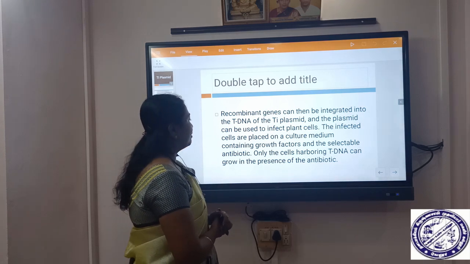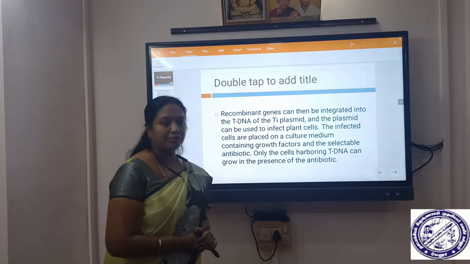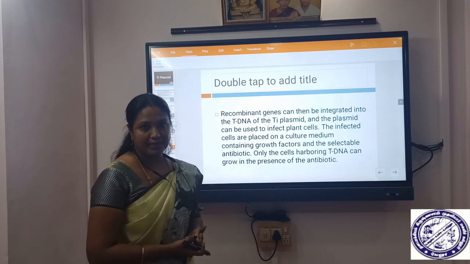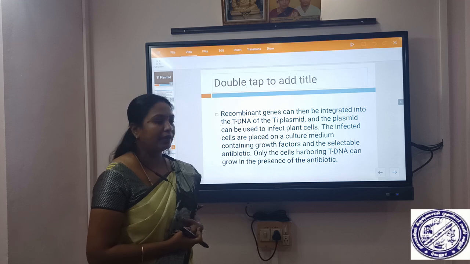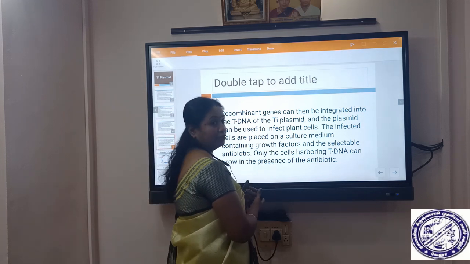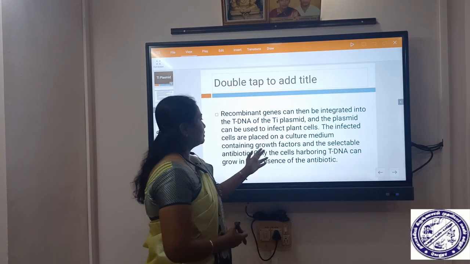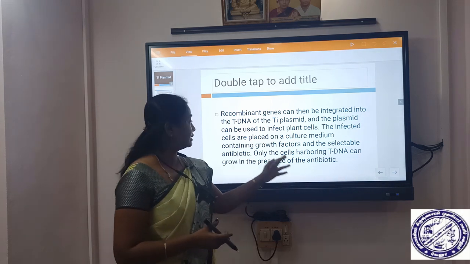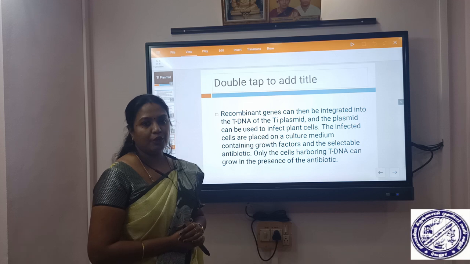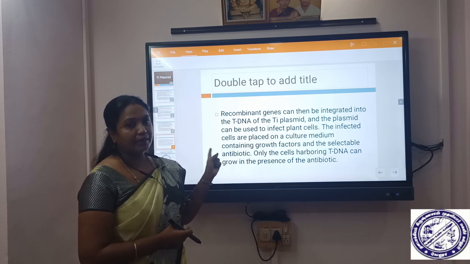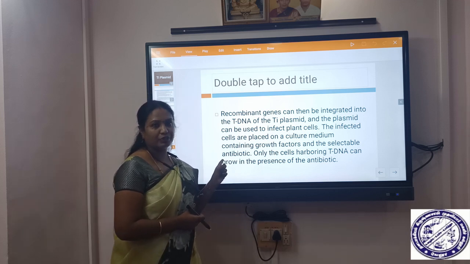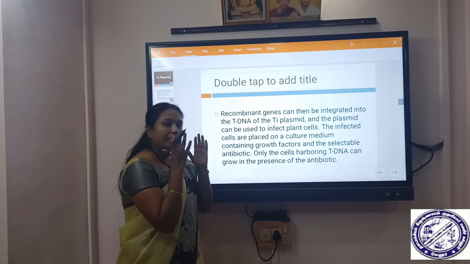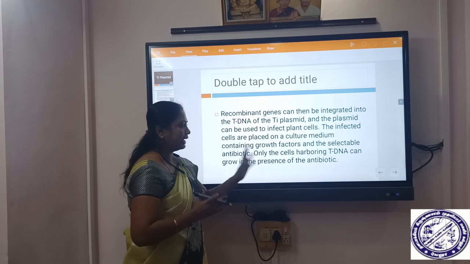Okay, right. So the infected cells are placed on a culture medium, because all of us know how to select the recombinant cells. The infected cells will be placed on a culture medium which contains growth factors as well as selectable antibiotics, because we have already inserted selectable markers, which are nothing but antibiotic resistance genes.